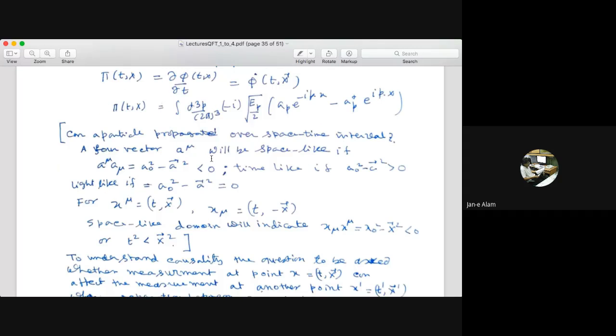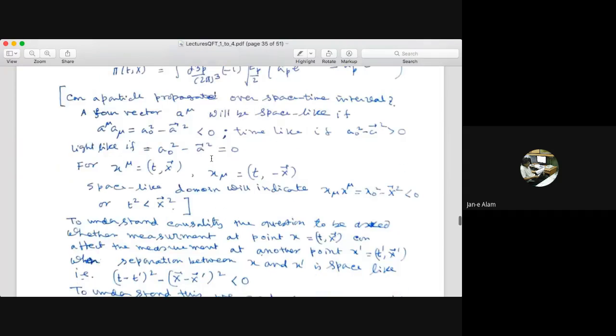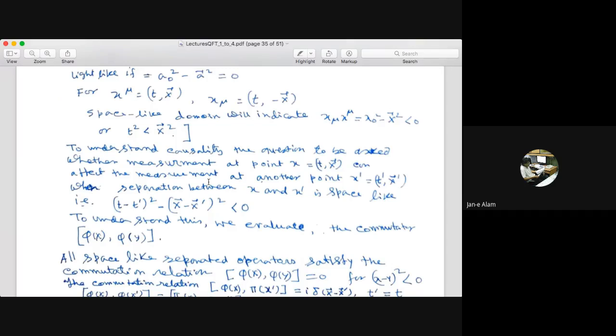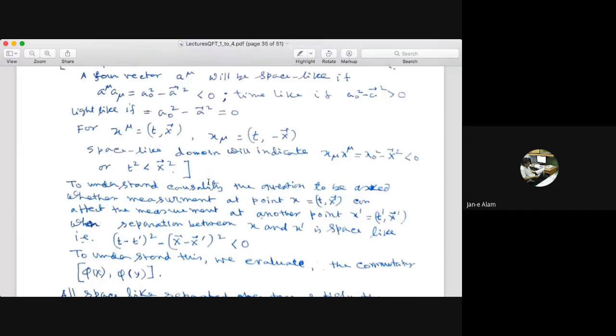And here I have just written a few things which are not so important here, but I will come back to this. Now, as I mentioned in the very first lecture, if you calculate the probability amplitude of a particle propagating from a point x0 to x, we have seen that the amplitude is non-zero for any arbitrary value of x and t.